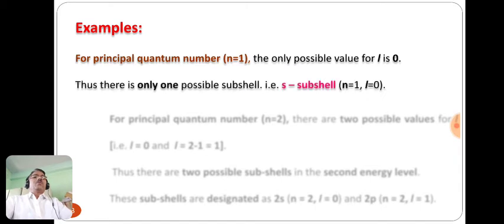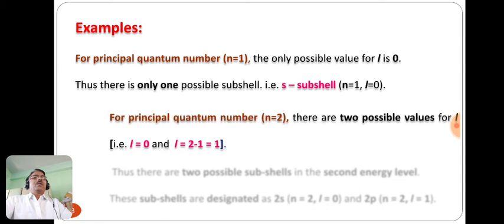So only one value for the azimuthal quantum number is possible, and its value is 0. Thus there is only one possible subshell, and it is denoted by the letter s. So it can be denoted by these two quantum numbers: n equals 1, that is the first energy level, and its subshell is l equal to 0, that is nothing but the s subshell.